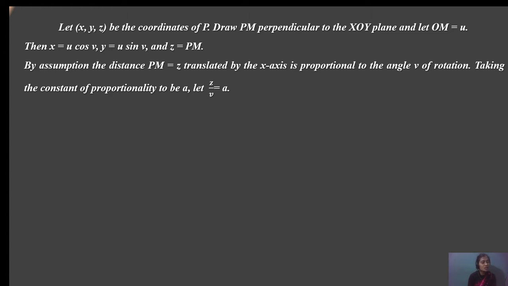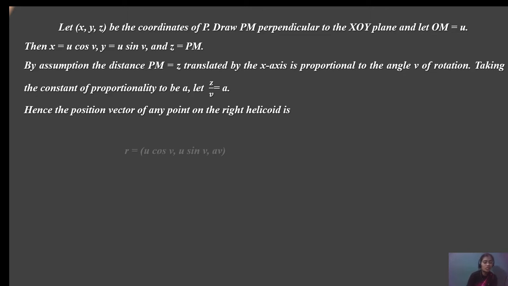By assumption, the distance PM translated along the axis is proportional to the angle V of rotation. Taking the constant of proportionality to be A, let z by V equal A. The position vector of any point on the right helicoid is then r equals U cos V, U sin V, AV.